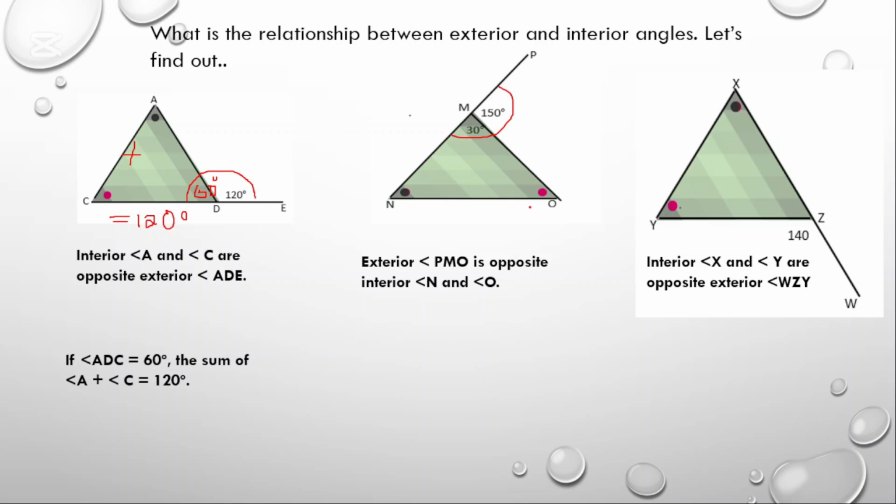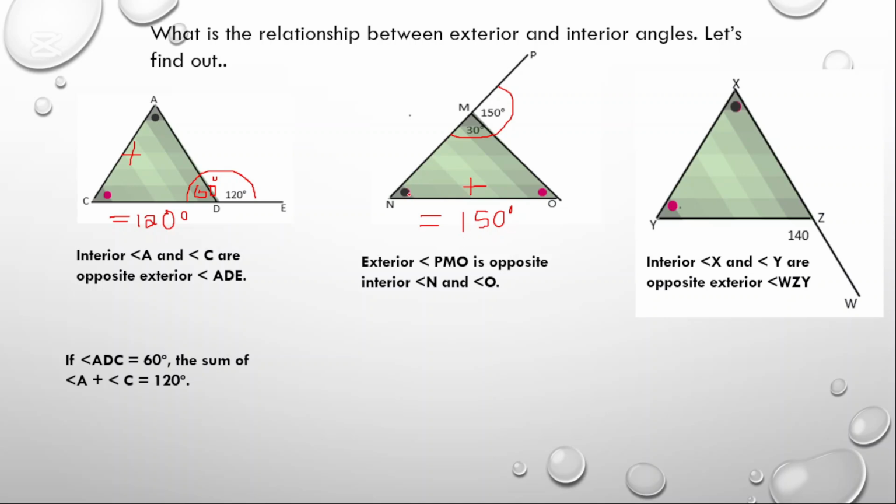Right. We do not know the size of angle N and angle O, but we know this angle is 30, then the sum of these two must be 150. Why? Because three angles of a triangle is equal to 180. So N plus O is equal to 150 degrees. Right. 180 minus this 30 is 150.